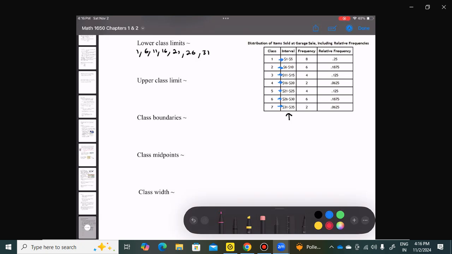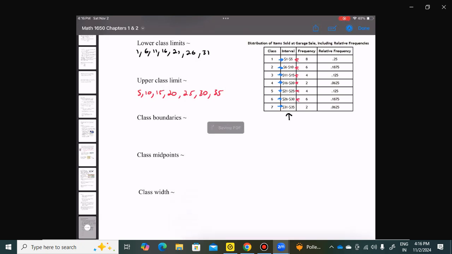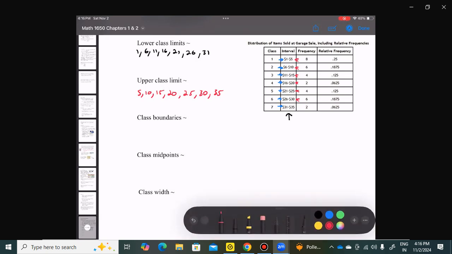Upper class limit 5, 10, 15, 20, 25, 30, 35. That's this side. That goes from your lower to your upper class limit.